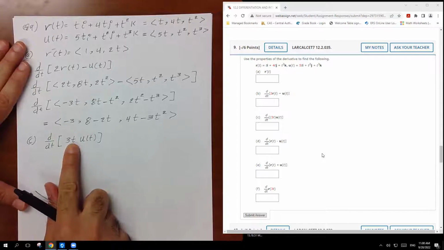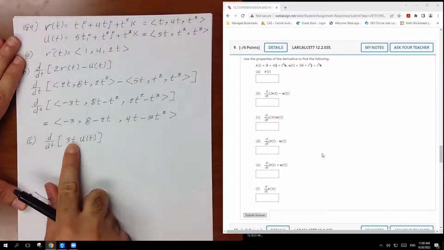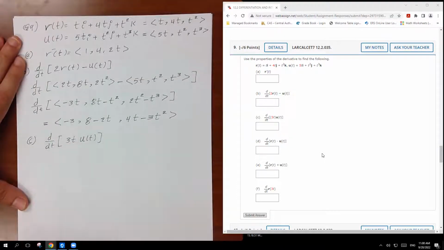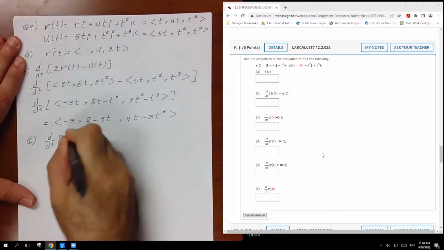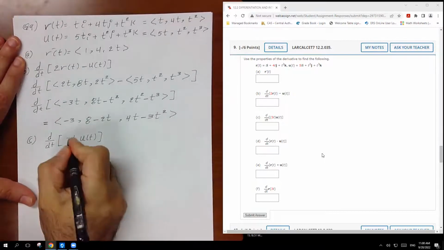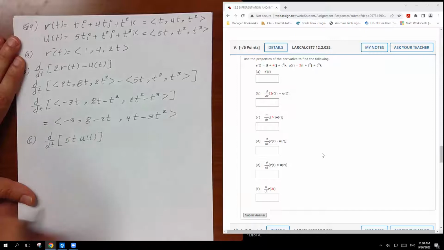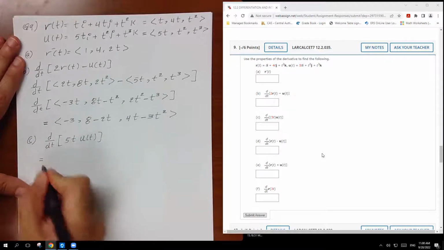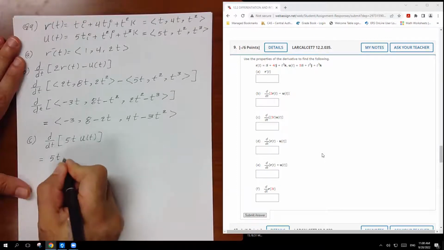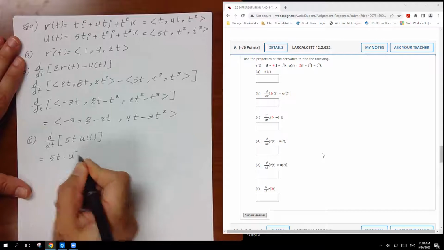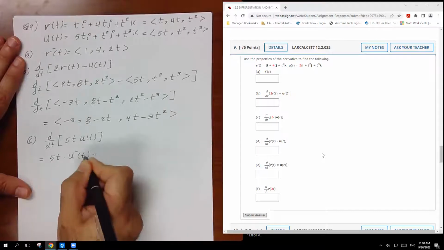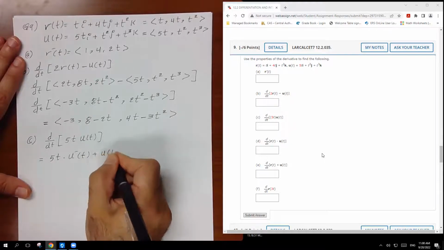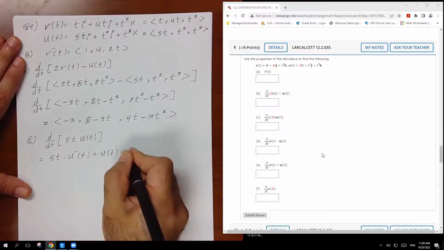So how are we going to find it? We're going to say this one equals the first one times the derivative of the second one, which is u prime of t, plus the second one times the derivative of the first one, which is 5.